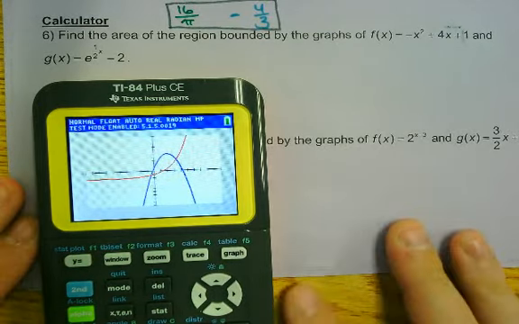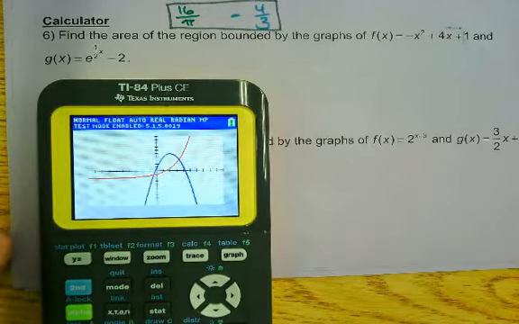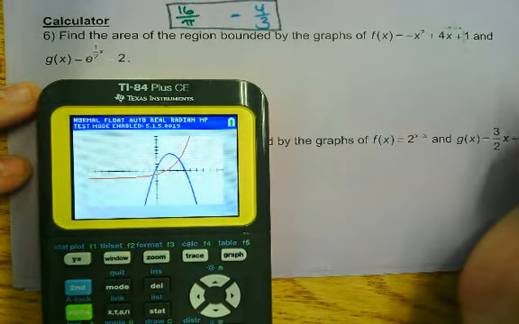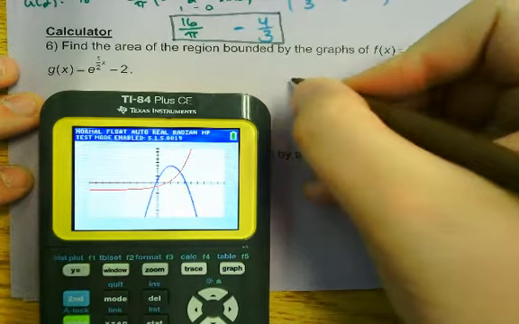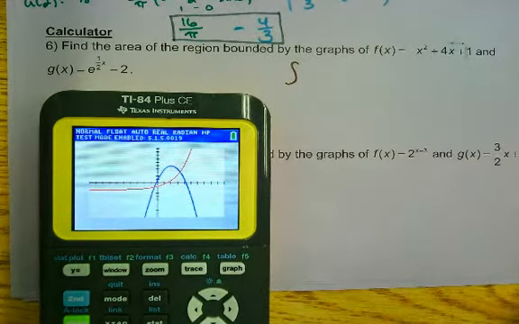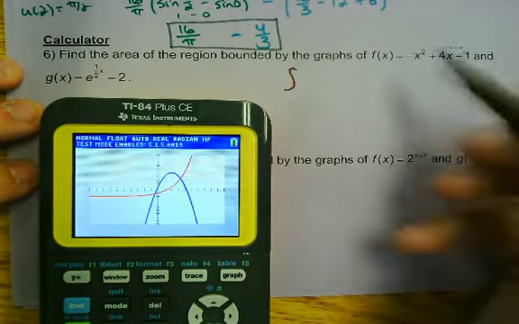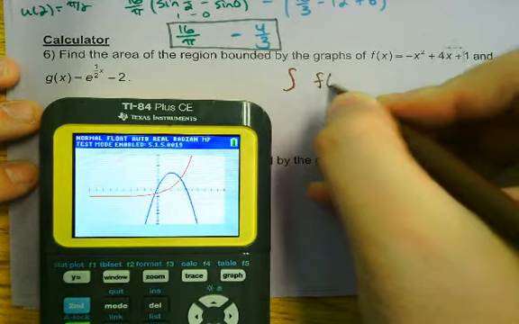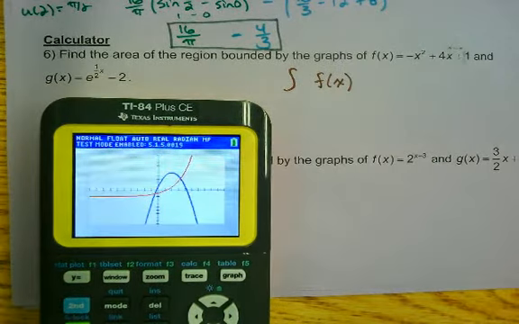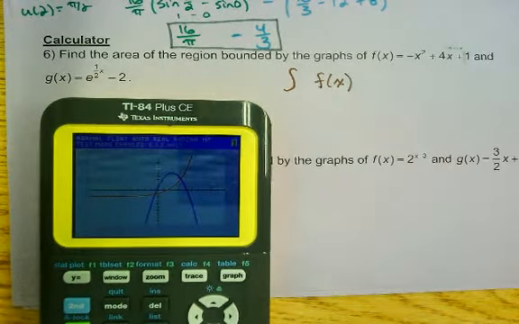Second trace 7. Okay, you need to find the intersections, because what you're going to end up doing here is, quiet please, second trace 5, you're going to integrate. I don't know the bounds yet, but which one's the top function? F of x. Since you're using the calculator, you can just use f of x. You do not need to write it out because you have the calculator.